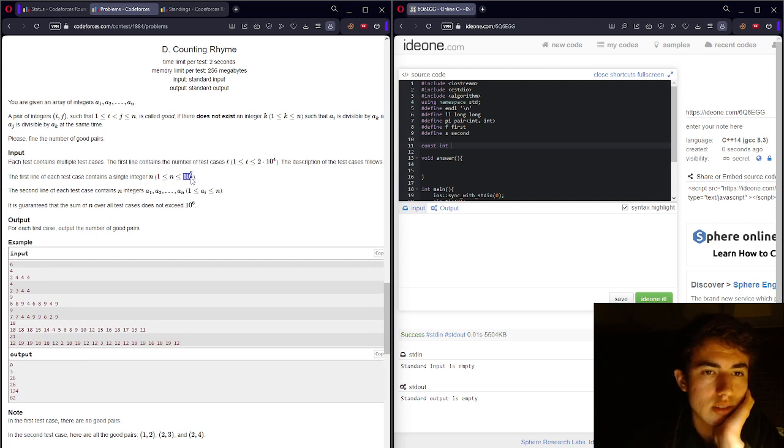Right. Alright, so this would be the solution, except there are multiple test cases. Right, because what I need is to iterate over the values from 1 to 10 to the 6. Is there a way I can do it without doing that somehow?